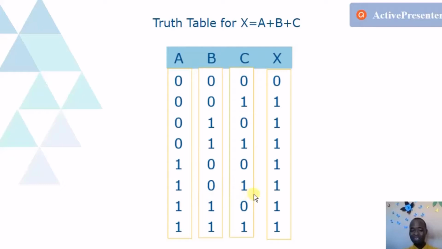If you're having 1 in either A or B or C, that means your output is 1, is true. 1 here, you also have 1 here, you have 0 here, meaning you're having a true. Now under this you're having 1, 1, 1, where A and B and C are true, meaning your result X will be what? 1 here. And that is how we got this.